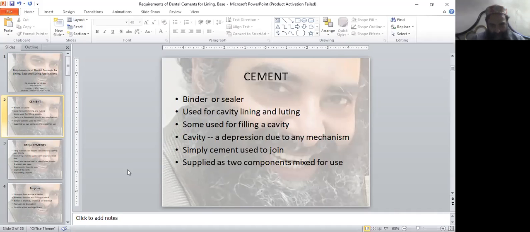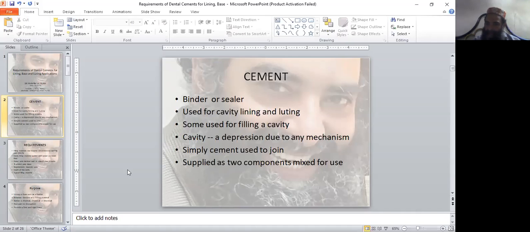What is a cavity? In simple terms, a depression due to any mechanism on the surface of a tooth is called a cavity. But it will be a pathological cavity, due to a mechanism which causes a pathological effect, not physiological.